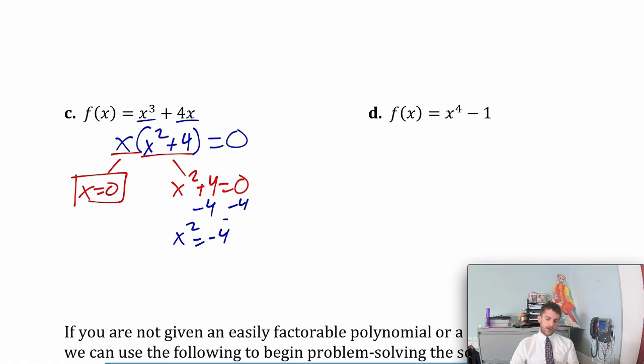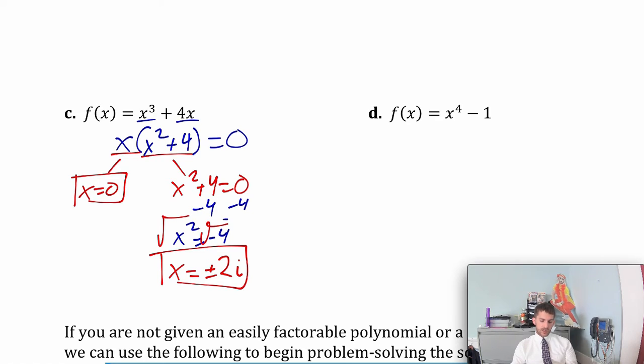Now we're going to take the square root of both sides using that inverse operation again, and we end up with just x on the left side, and on the right side we get plus or minus 2i. Remember, taking the square root of a negative number is always going to result in an i. So looking at this, the degree we started off with is 3, and we have 3 zeros, one of which is 0, another is positive 2i, and another is negative 2i.